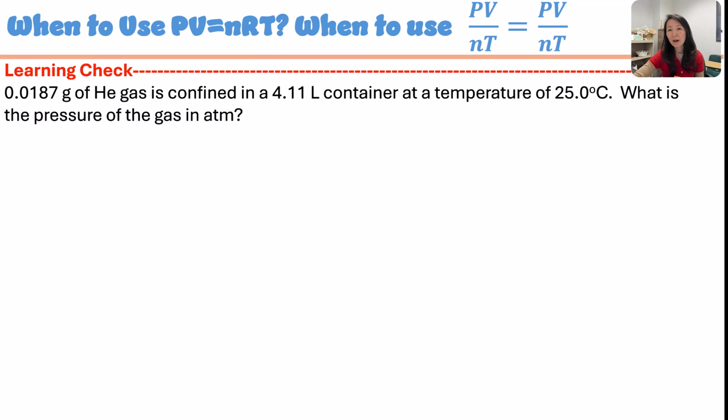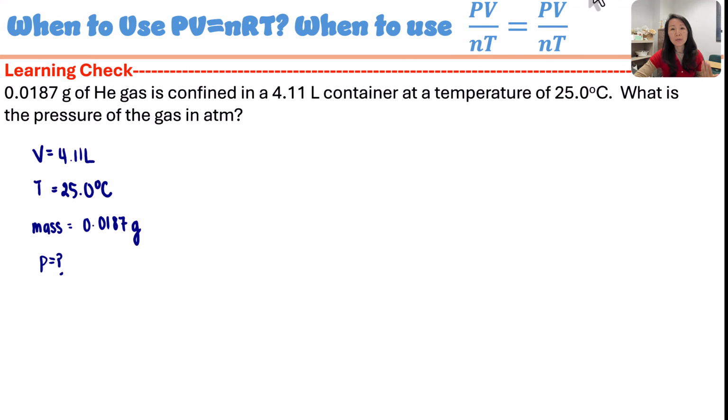Now go ahead and try to read the question and see if you can determine which equation to use. Don't necessarily solve it yet. Think about which equation best fits this particular problem.